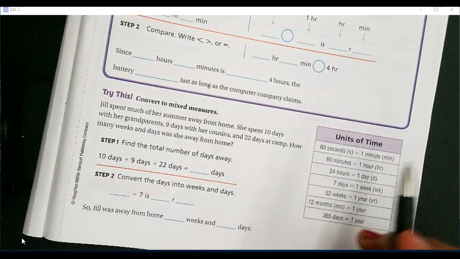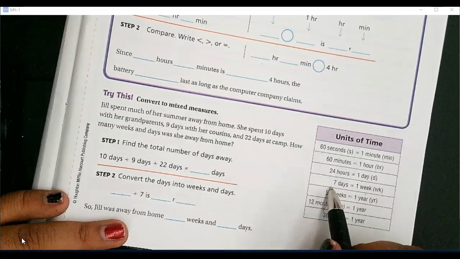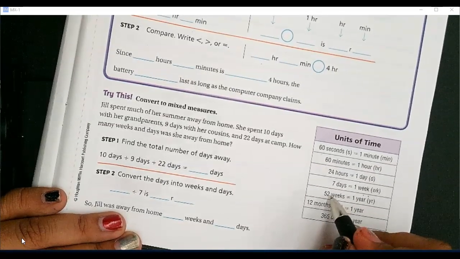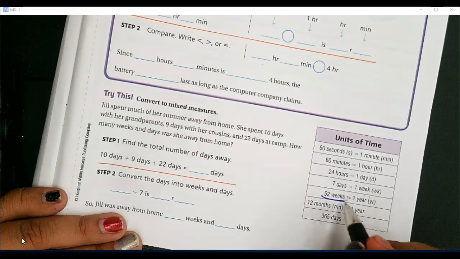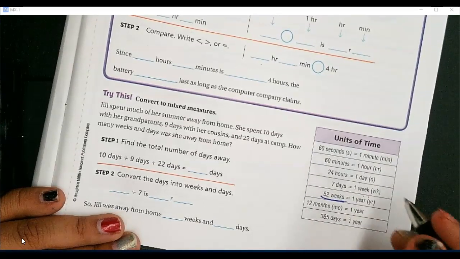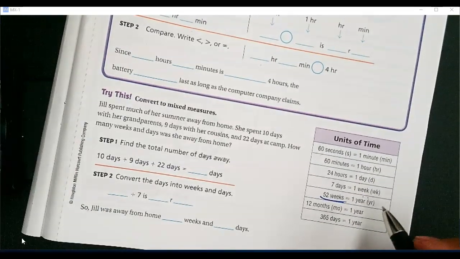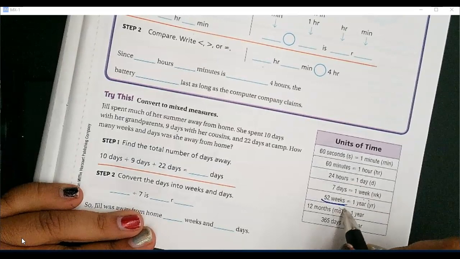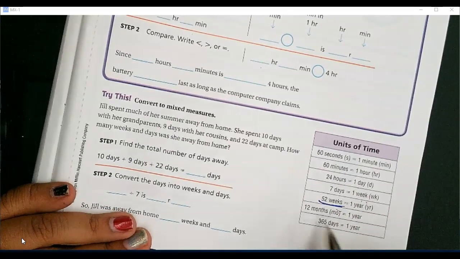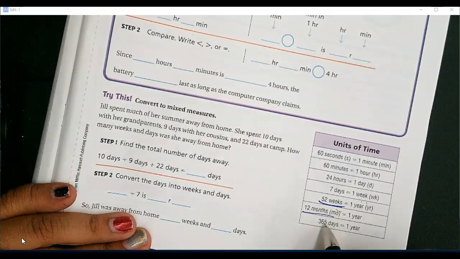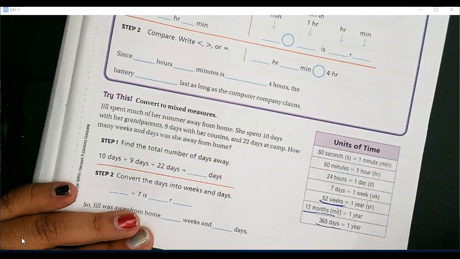Monday, Tuesday, Wednesday, Thursday, Friday, Saturday, and Sunday. 7 days in 1 week. There are 52 weeks in 1 year. Now, these are the ones that you might not know very well. You have to learn it. There are 12 months in 1 year and 365 days in 1 year.